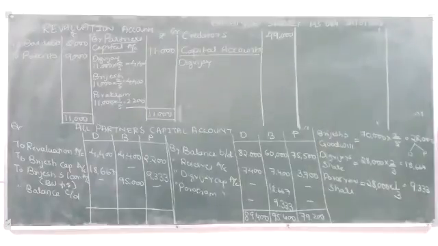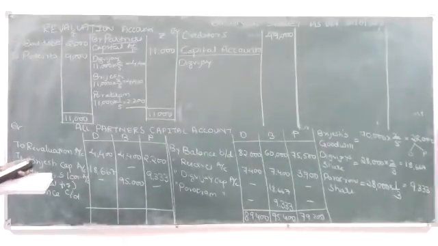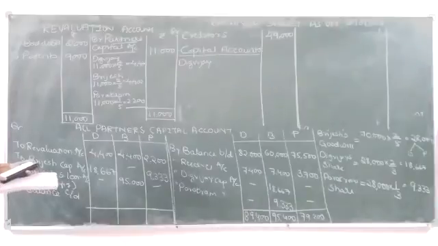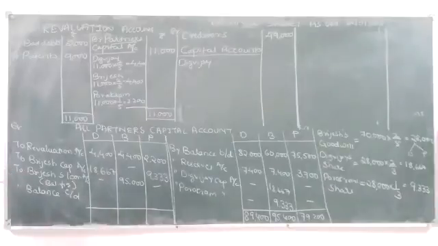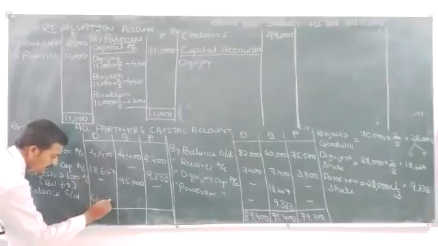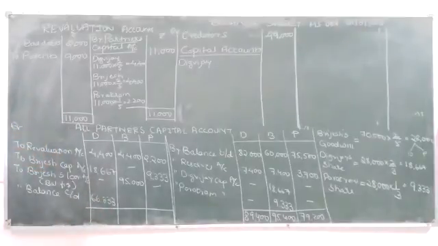First, it is 89,400 minus 18,400 minus 4,667. So it comes to 66,333. You can check, 66,333.